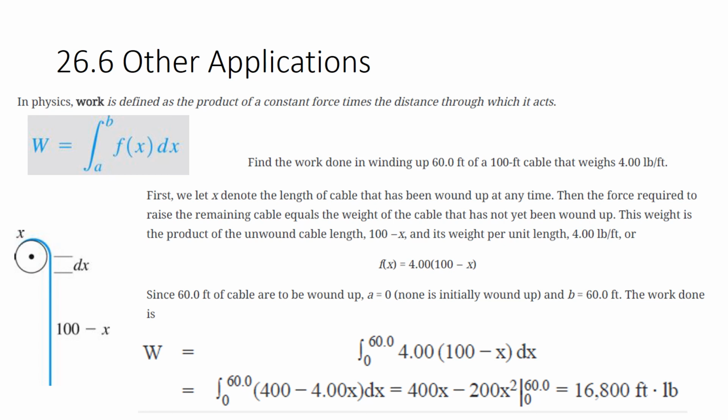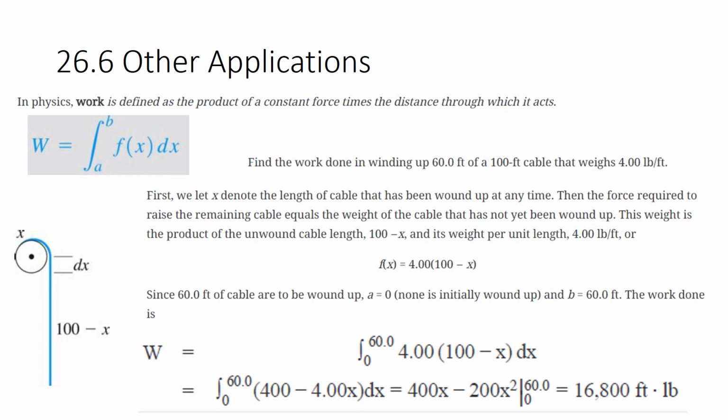Well, obviously the work that I'm doing varies. The more I wind up the cable, the less heavy it is and the easier it is to lift. So we're going to let x denote how much of the cable is still hanging down there. And therefore dx is that infinitely small little smidgen that we've lifted it.